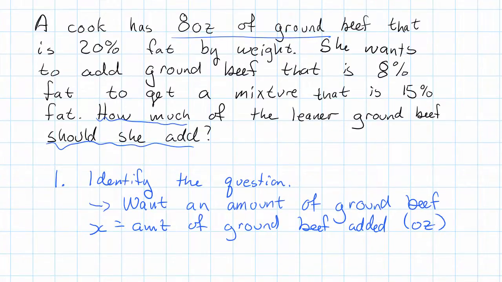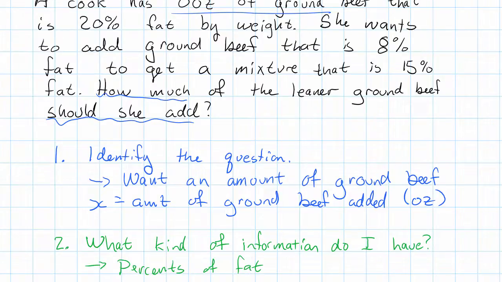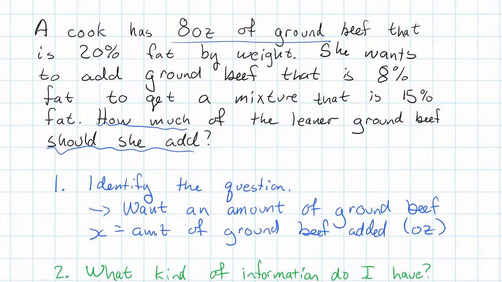Okay, so we want to know how much ground beef she's added. Next, I'm just going to look through the story and ask, what kind of information do I have? Just looking through the story, I have information about percents of fat. And the main thing that's happening in this story is that things are being put together.